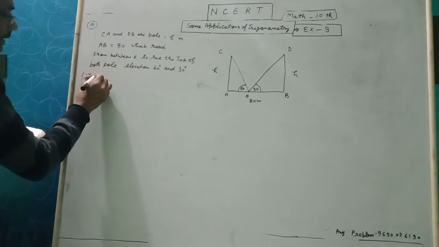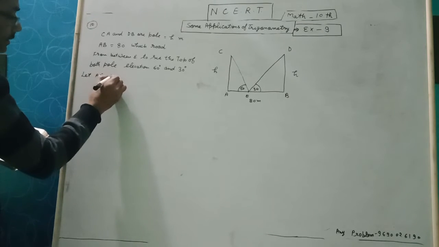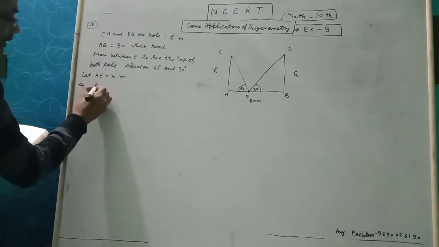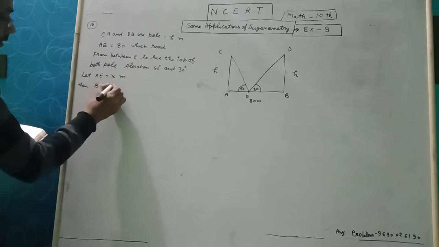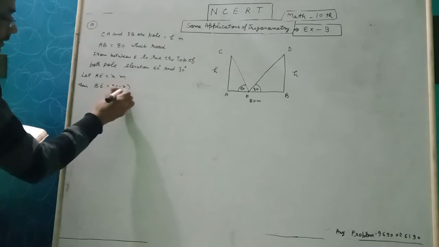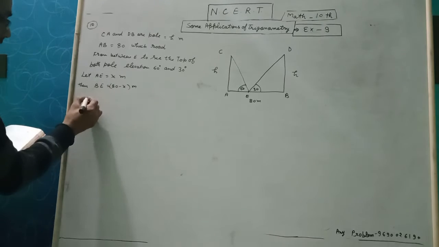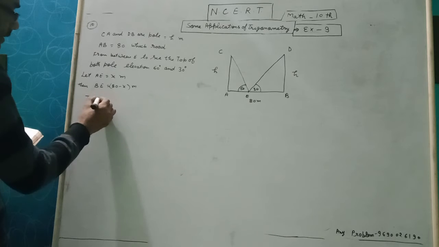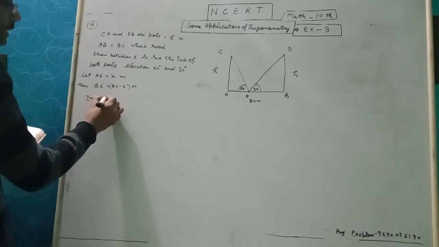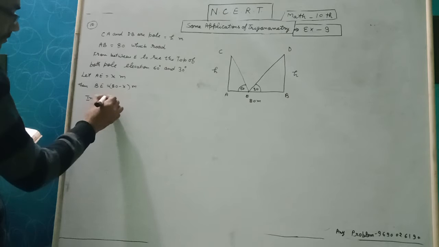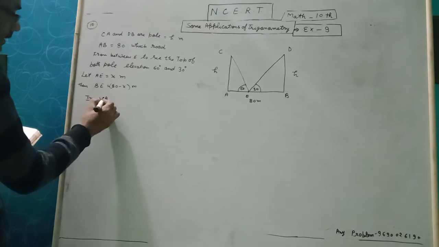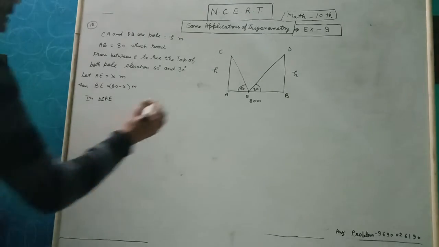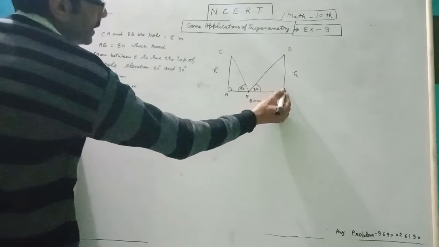Let A is equal to x, then B is equal to 80 minus x. In triangle CAE, A is 90 and B is 90.